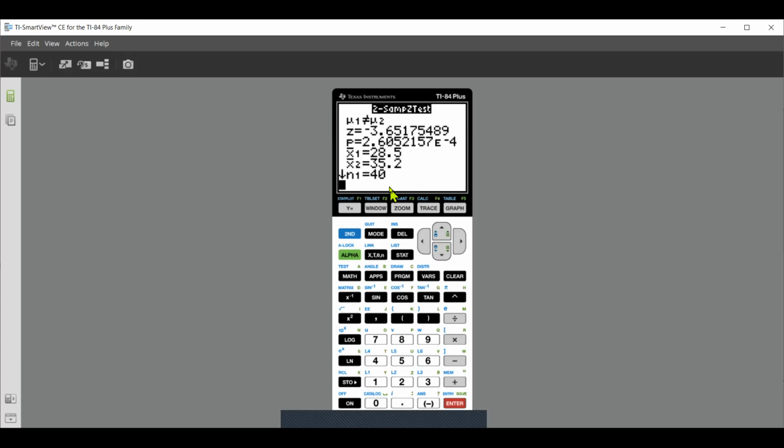When you calculate it, you'll end up with 5 values on your screen. You only need the first 2, okay?